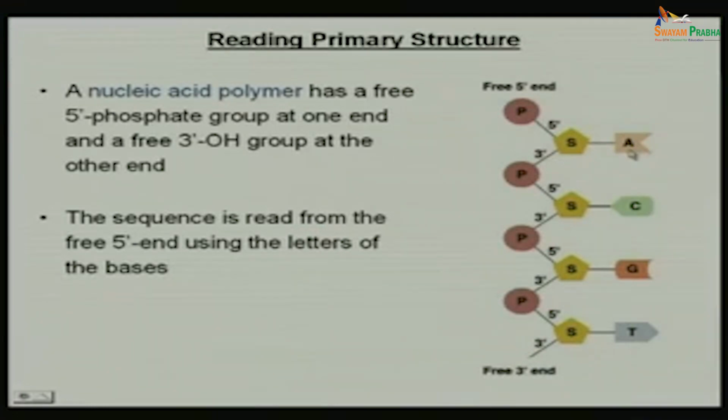These nitrogenous bases may be A, T, G, C, or A, U, G, C. So see here, A, C, G, T, these are the nitrogenous bases. A nucleic acid polymer has a free 5' phosphate group at one end and a free 3' OH group at the other end.